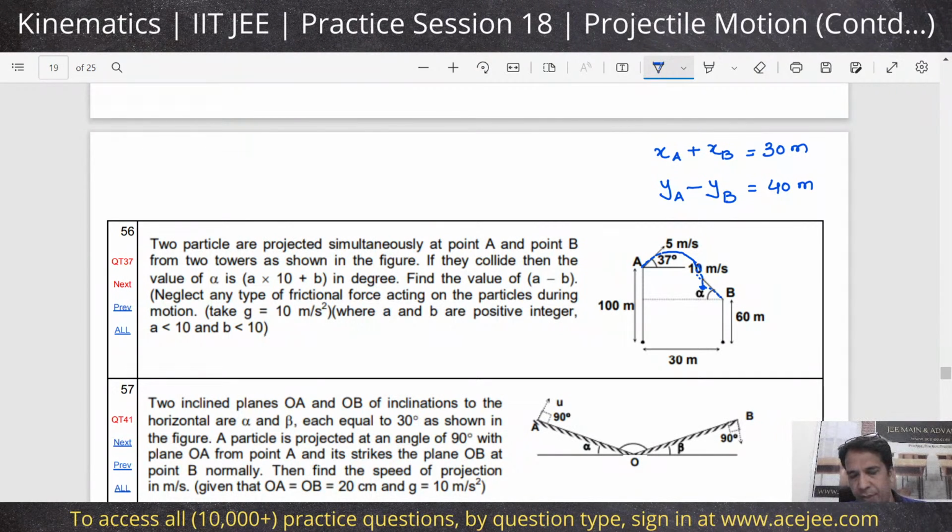So if you think of YB minus YA, that would mean YB is positive and YA is negative, so the magnitudes add up to 40 meters. In any case, if it did not make sense, don't worry about it. As we try and solve it, it will make sense.